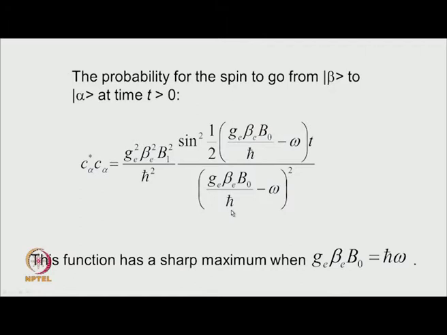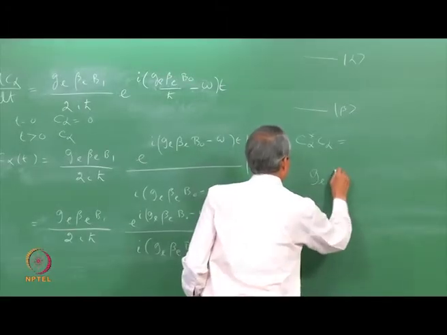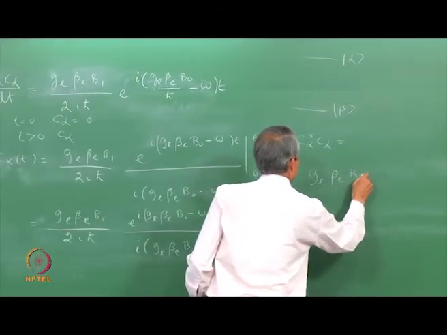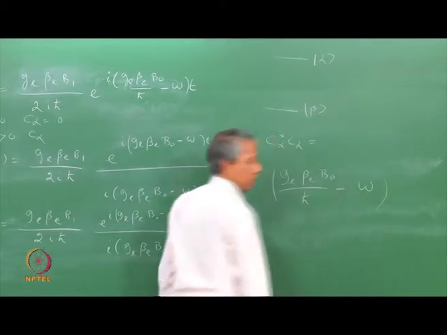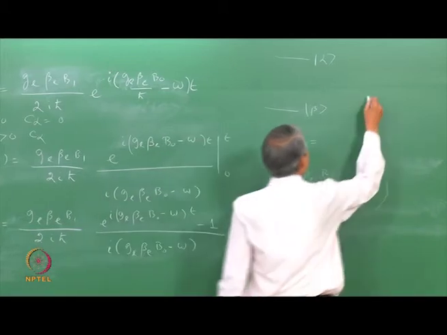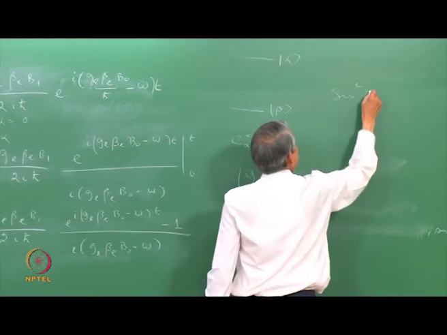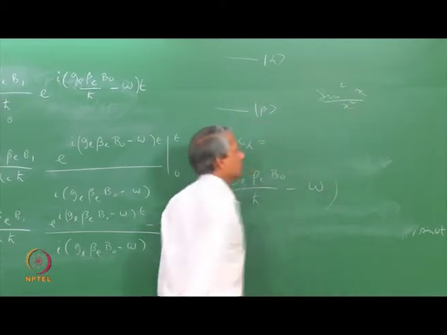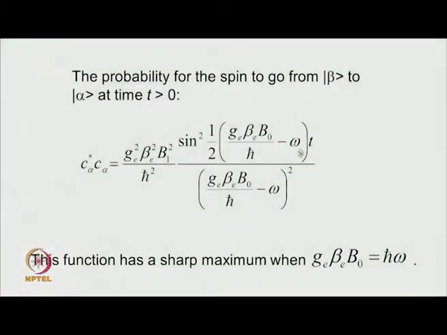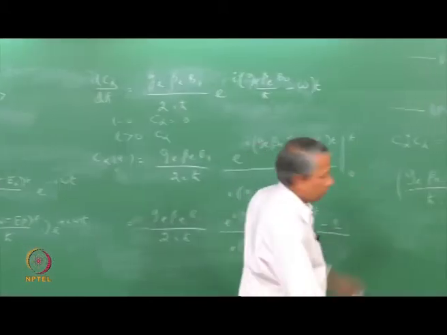So, what we find here is that this sort of term comes there, and the function is something like sin square x over x square, roughly speaking, not quite the same, but the t is there; if you ignore that for the time being, its function is of this kind.